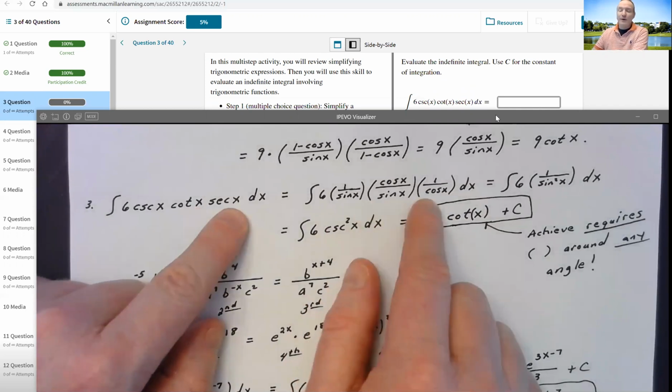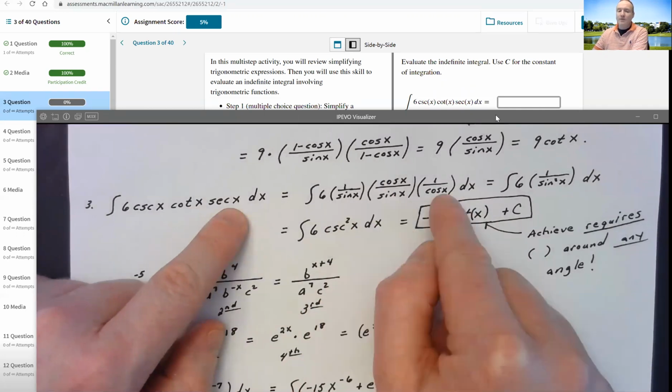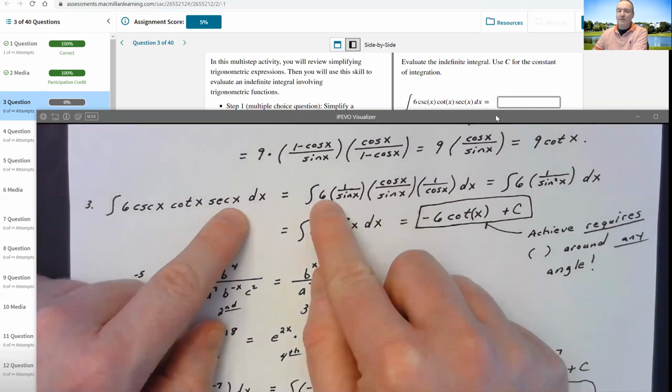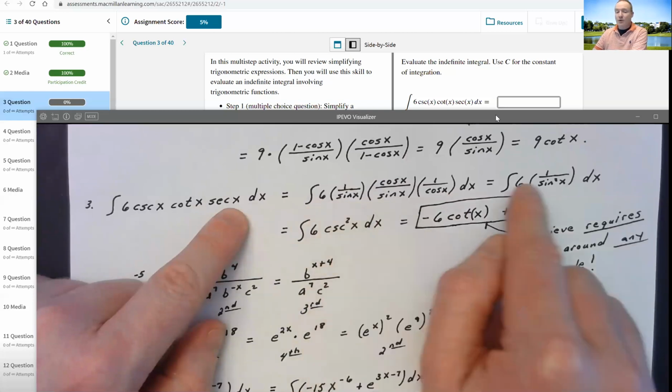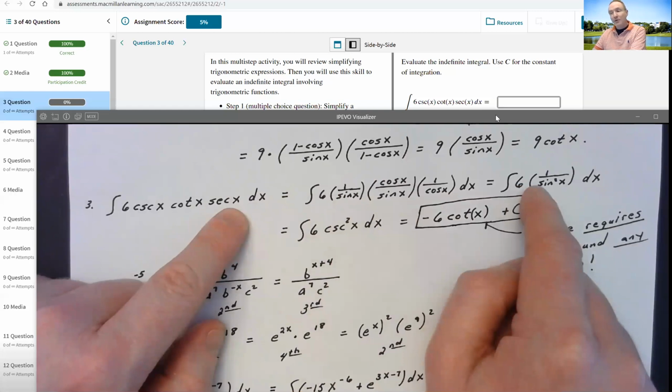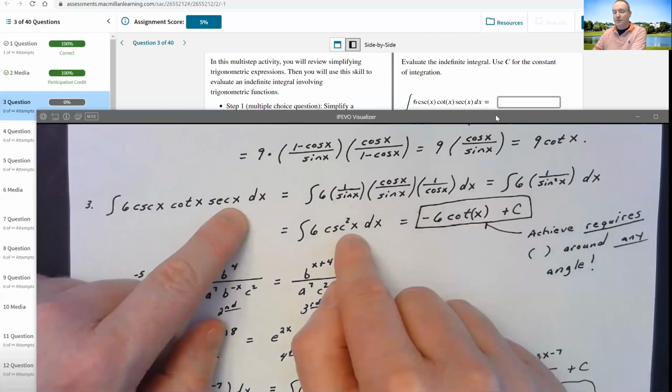That allows me to quickly and easily see, well, the cosines can cancel out here. I'm just going to be left with 6 times 1 over sine times 1 over sine, 6 times 1 over sine squared. I know that the reciprocal of sine is cosecant, so the reciprocal of 1 over sine squared is cosecant squared.